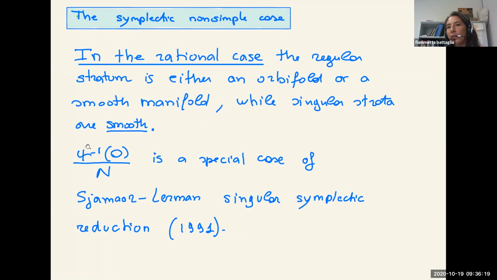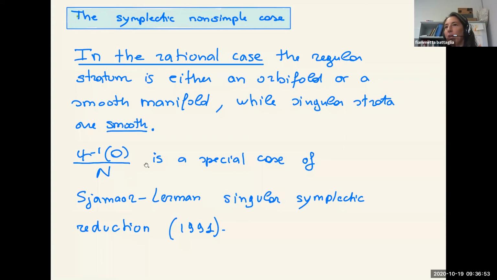And the symplectic quotient, the symplectic reduction here, in the rational case, is a special case of the singular symplectic reduction that was introduced by Sjamaar and Lerman in 1991. So the singular symplectic reductions arise when we consider a value that is non-regular for the moment mapping.